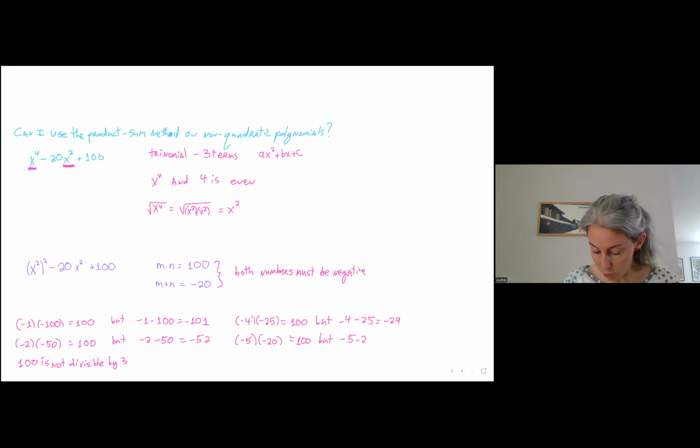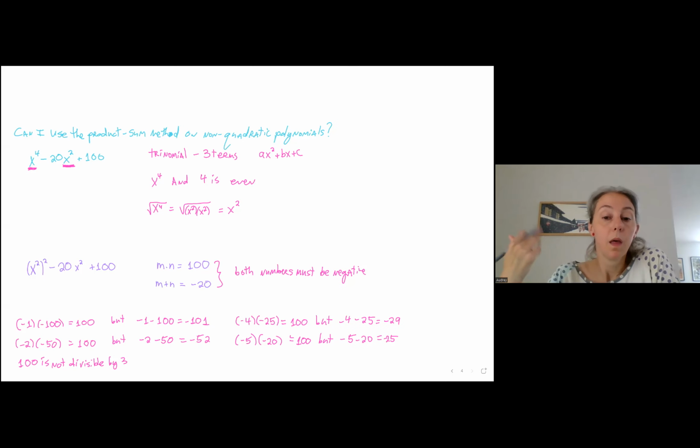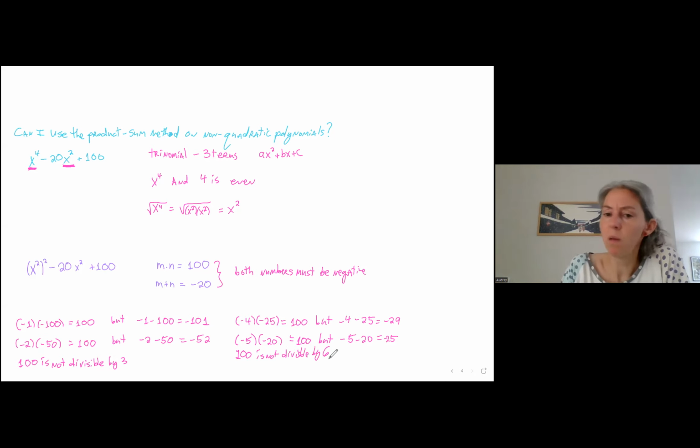So -5 minus 20 is -25. Then we would move on to 6, but 100 is not divisible by 6. In other words, if I try 100 divided by 6, I'm going to get a decimal, a remainder. I don't have 6 times some integer equals 100.